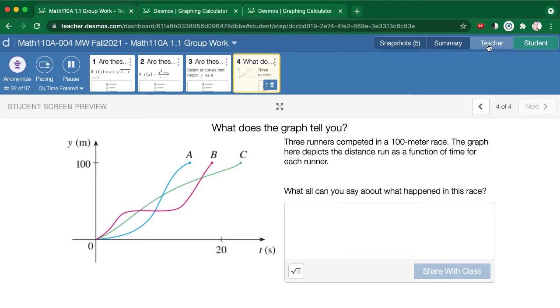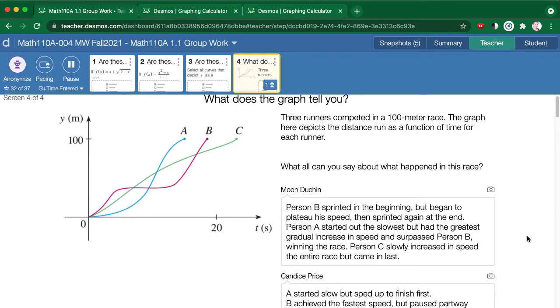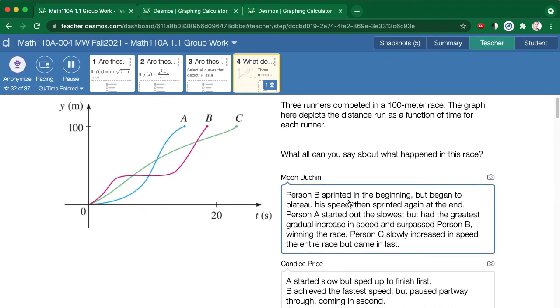So I'm going to look at some responses here. Person B sprinted in the beginning, began to plateau his speed, and then sprinted again at the end. So I'm wondering where sprinting, like, person B, that's this bold red graph.